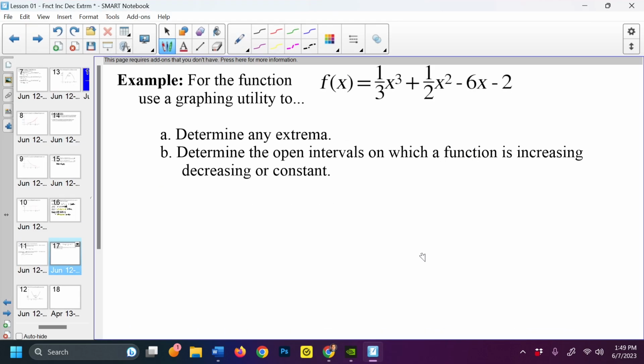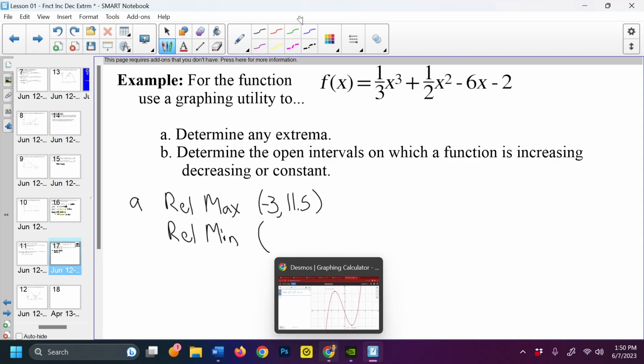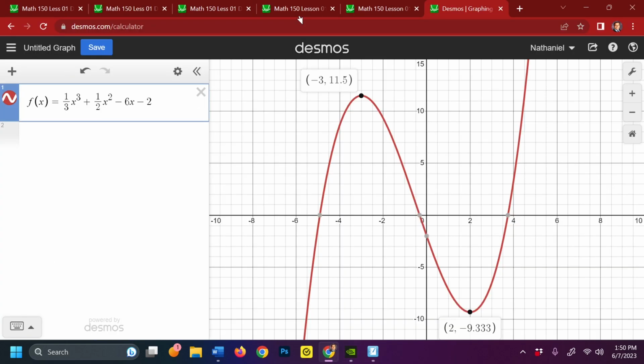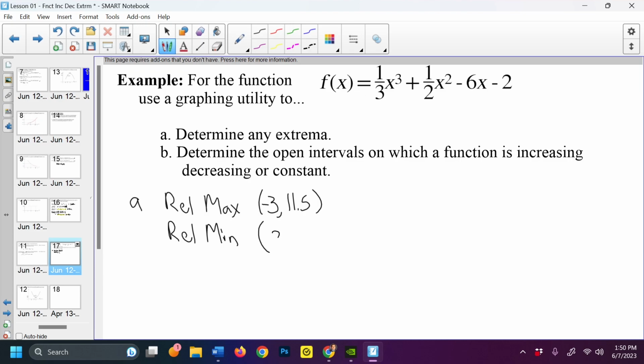So my answer to part A is going to be relative maximum at negative 3, 11.5. And then I'll have a relative minimum at 2, negative 9.333.